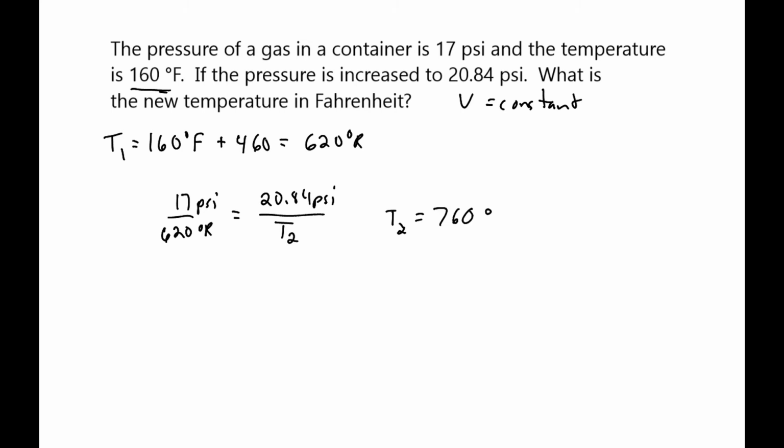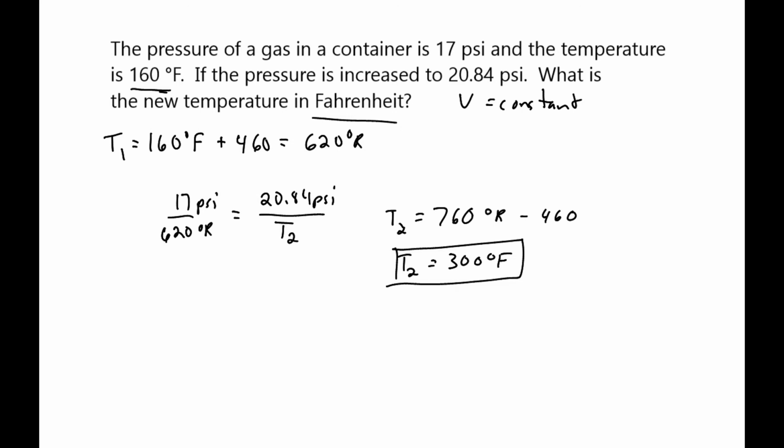So 760 degrees Rankine. So subtract 460 from that to get to Fahrenheit. So temperature 2 is 300 degrees Fahrenheit. But I just said in Fahrenheit. So normally I'd accept any temperature unless specified. Any questions?